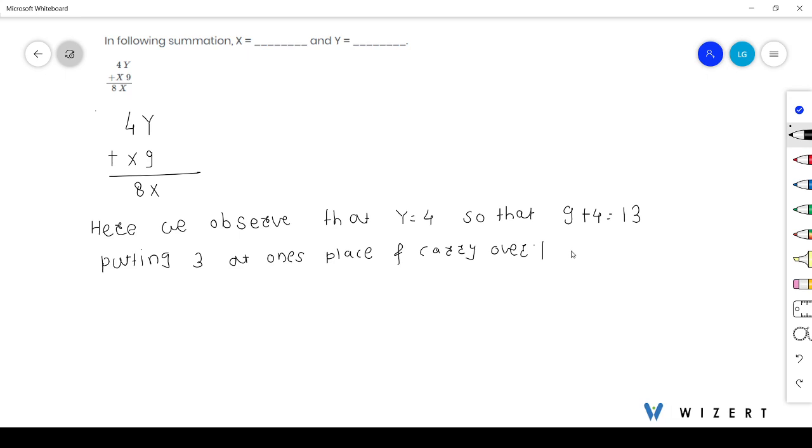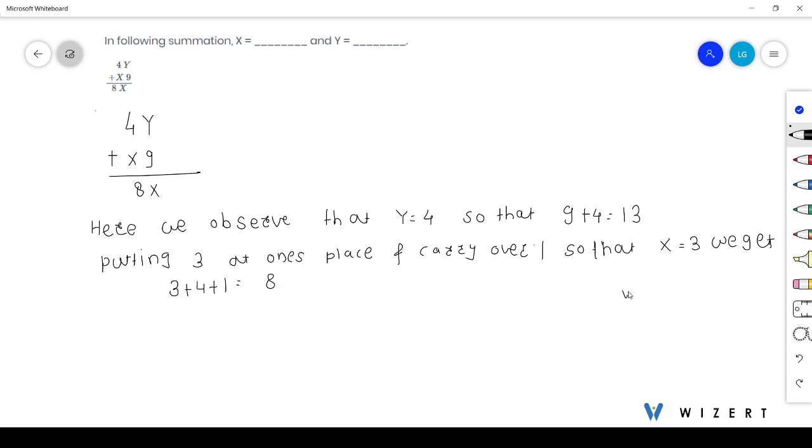So that x equals 3. So we get here 3 plus 4 plus 1 is 8.